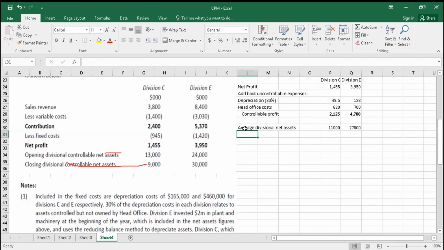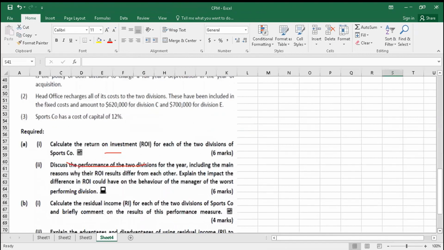To calculate ROI, that's the calculation of ROI for 6 marks.